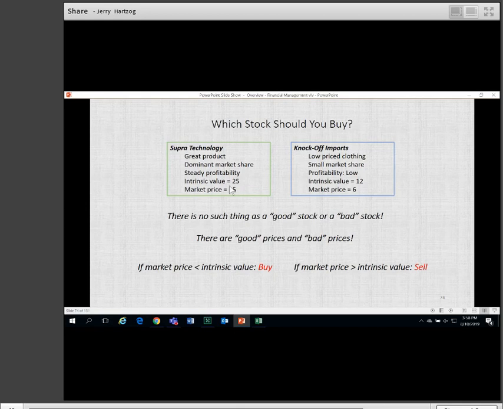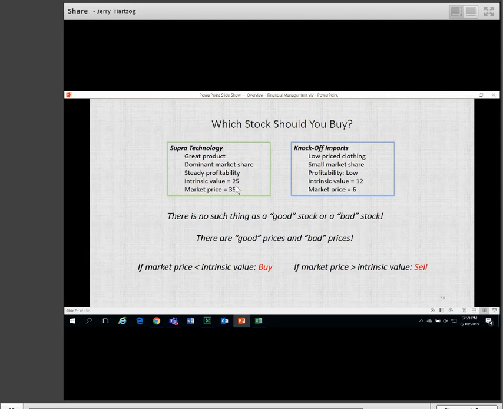Now, Super Technology, its market price is 35, but its intrinsic value is 25. In other words, fundamentally, it should be worth only 25, but if you want to buy a share, you're going to have to pay 35 for it. That doesn't sound good. Knockoff Imports, yeah, doesn't sound very fancy, but its intrinsic value is 12.